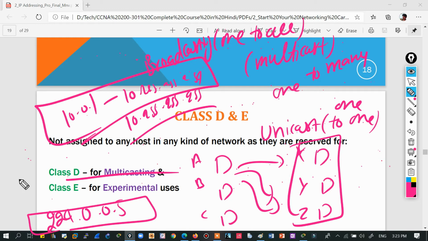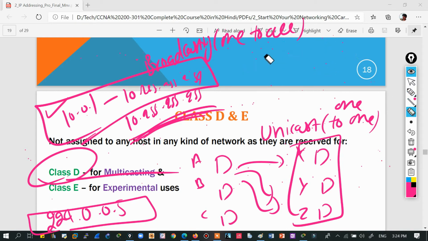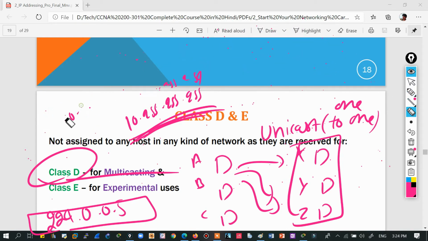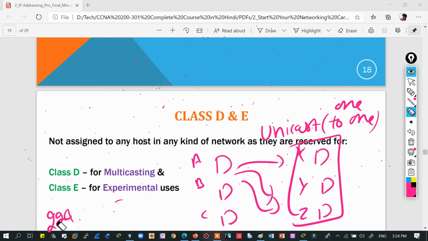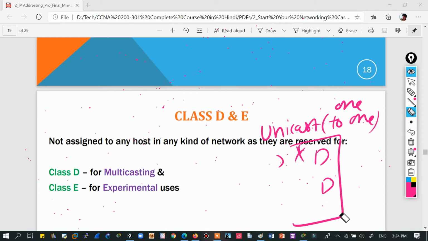So just remember, these normal addresses are unicast addresses, and the last address of any network is reserved for the broadcast address. There is a particular class reserved for multicasting, which is class D, and class E is reserved for future uses maybe. That was the time when only IPv4 was there, and IPv4 is a limited number, only 4.3 billion addresses.